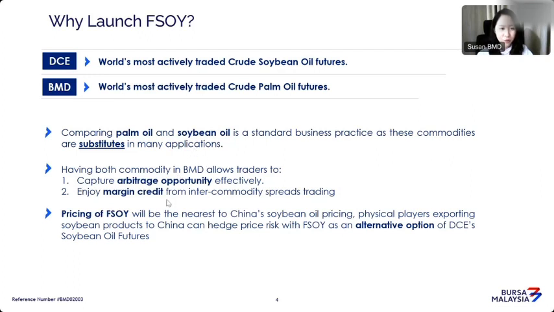With this, the pricing of FSOY, as it's using DCE's final settlement price to settle the contract, will be nearest to China's soybean oil pricing. Physical players exporting soybean products to China can hedge the price risk with FSOY as an alternative option to DCE's soybean futures. So this creates an alternative avenue for international traders to access the Chinese soybean oil pricing.